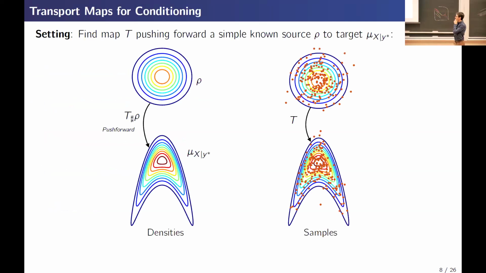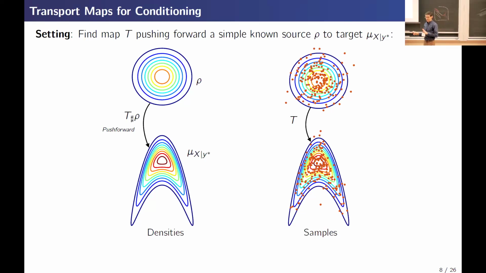So just to get started, the setting that we're going to use to solve this is we're going to look for a transport map that is going to ideally push some known reference distribution that we're going to choose, we'll call it rho, to our conditional, and it's going to have to depend on the observation that we want to condition on, y star.